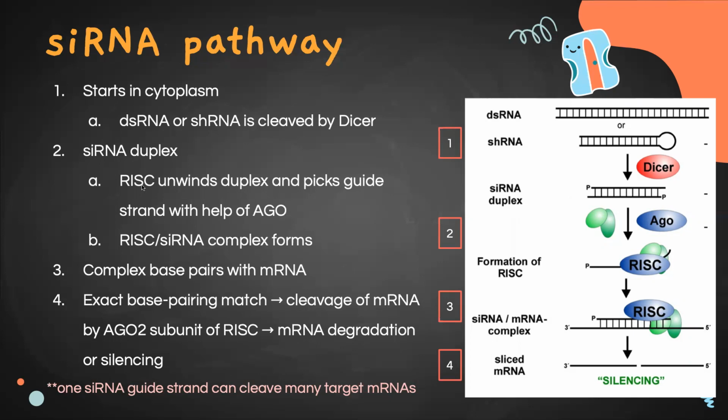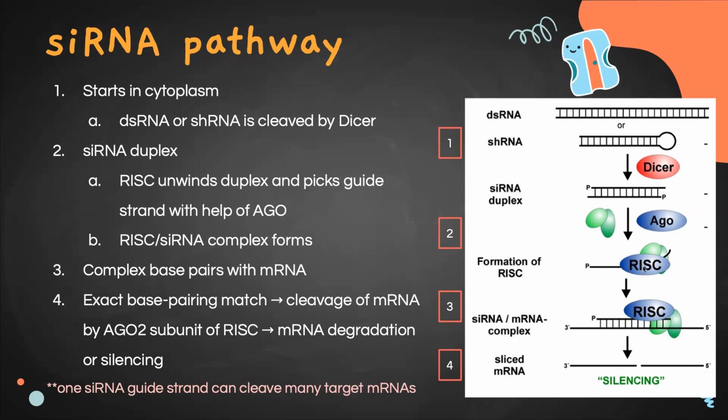RISC comes in to unwind those duplexes so that they can become single-stranded and become a guide strand for the RISC. That is helped through Argonaute, because Argonaute is the enzymatic portion of RISC. So Argonaute is doing the unwinding.